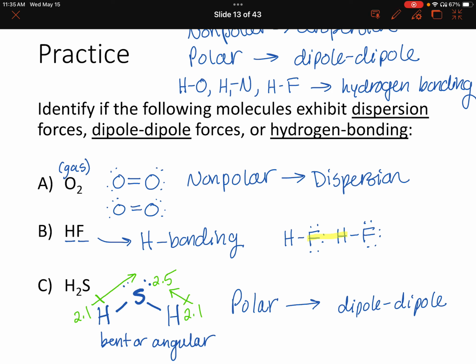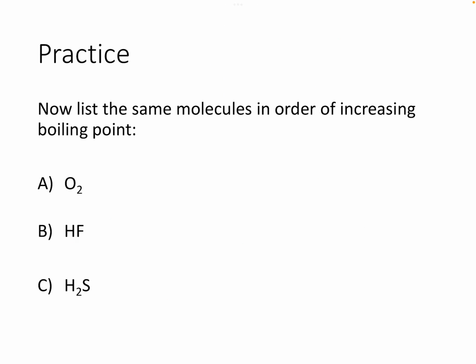Okay, so now that we know the forces for each of these molecules, let's list them in order of increasing boiling point. So again, oxygen exhibited dispersion forces. HF, hydrofluoric acid, exhibited hydrogen bonding. And H2S exhibited dipole-dipole interactions.